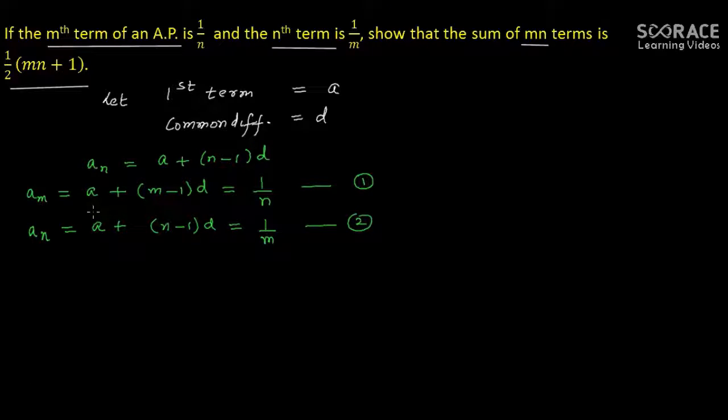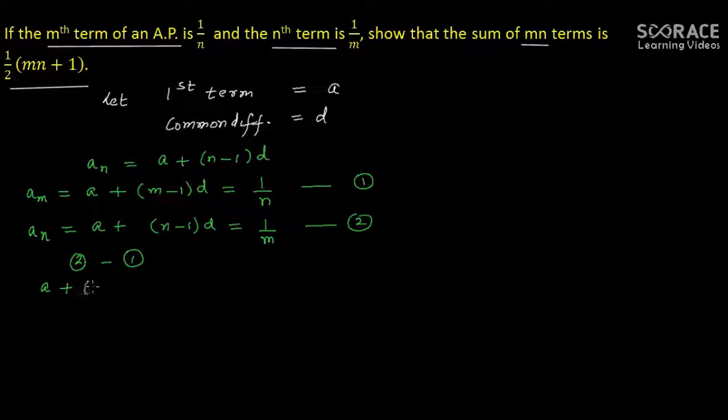Now, we need to find out the value of the first term a and the common difference d. For that, let's subtract these two equations. Let's say equation number 2 minus equation number 1. For that, let's write down equation 2 first of all.